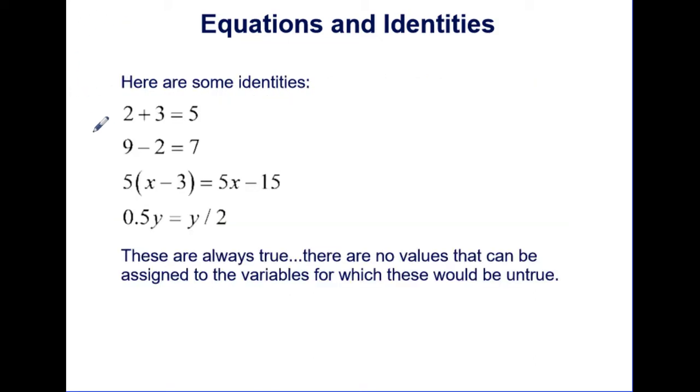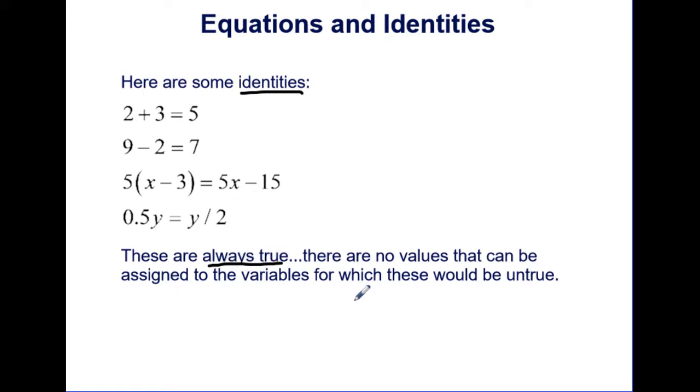Here are some identities. So we have 2 plus 3 equals 5, 9 minus 2 equals 7, 5 times the quantity x minus 3 equals 5x minus 15, and 0.5y equals y divided by 2. These are always true.